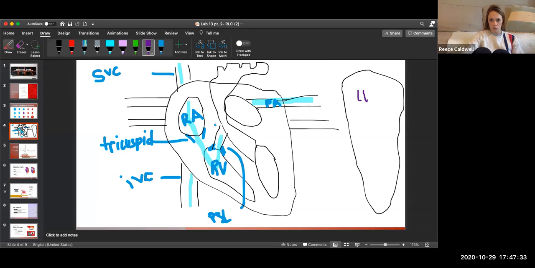And in the lungs, what process do we undergo? What happens in the lungs? We have a gas exchange. So in the lungs, we have a gas exchange from deoxygenated blood to oxygenated blood.